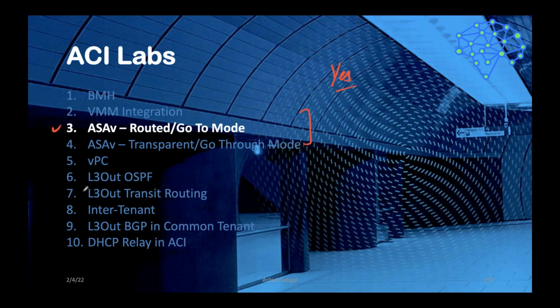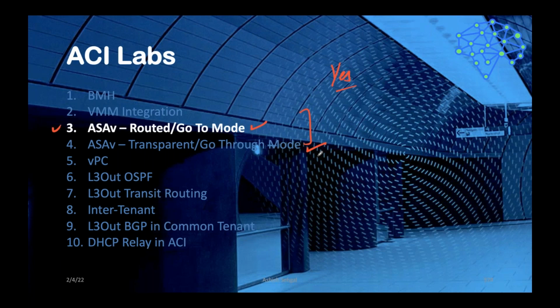The ASAv, Adaptive Security Appliance Virtual, firewall deployment lab, which is covered under L4 to L7 services. Two different variants of it: the ASAv in both routed or go-to mode, as well as transparent or go-through mode, are included.